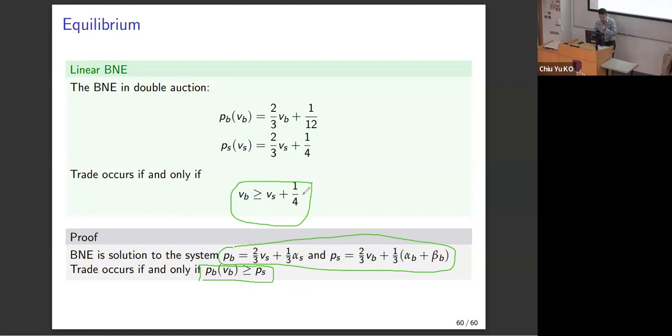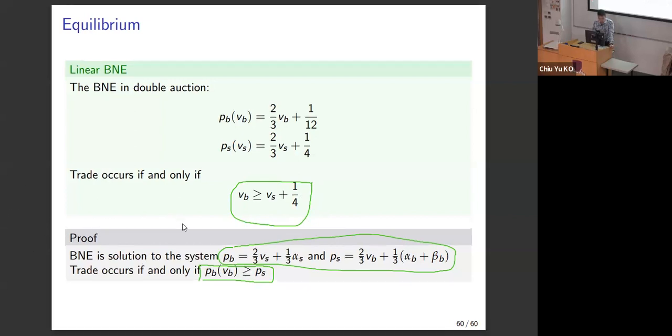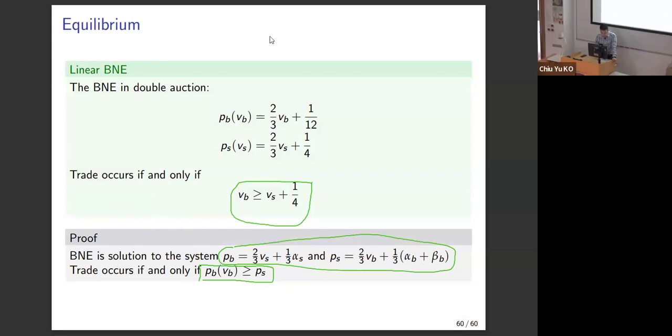Okay, and you probably ask how can I calculate the alpha and the beta here. Okay, so remember what we have is this.